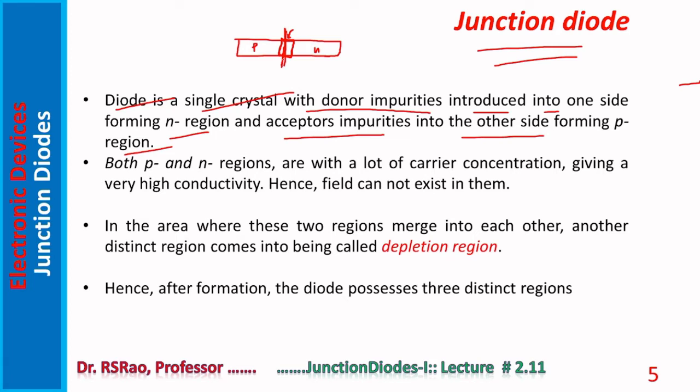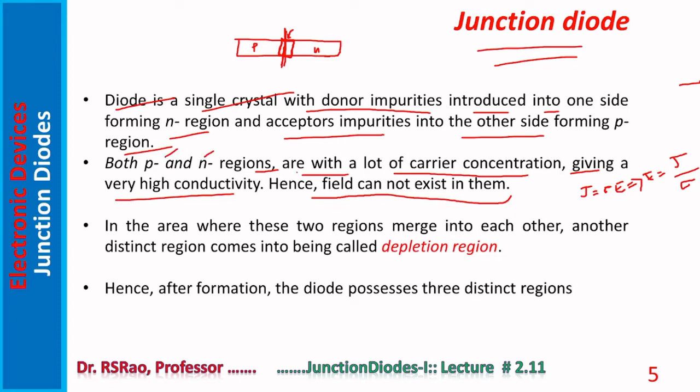Further discussion on the formation of the junction region will be done very soon in this session. Both P and N regions have a lot of carrier concentration, giving a very high conductivity. Hence, a field cannot exist in them. Consider the point form of Ohm's law, J equals sigma E. From this, E equals J by sigma.